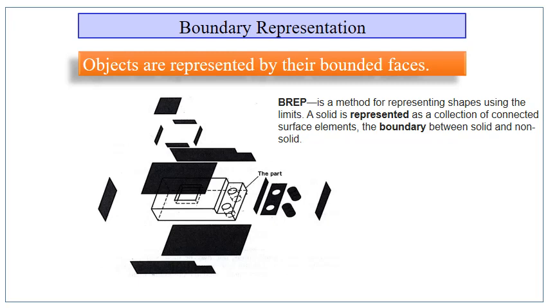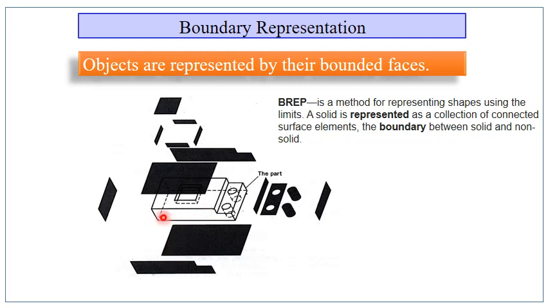The boundary between solid and non-solid, as we can see in this image, this is the original object and these are the faces which are obtained from the original image. So boundary representation is used to represent the shape of this object.